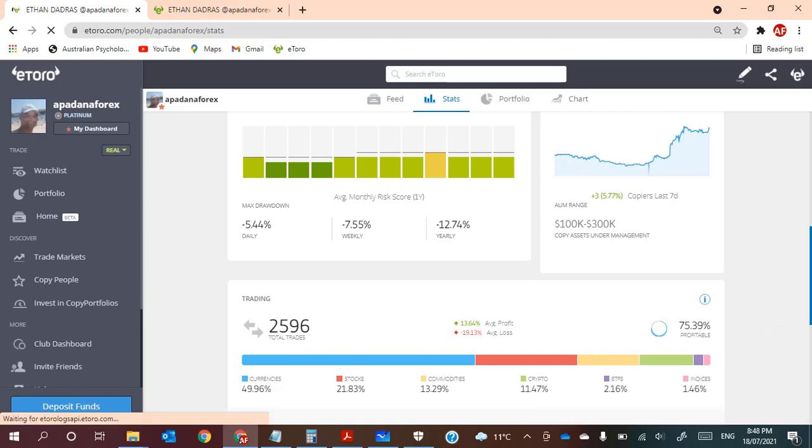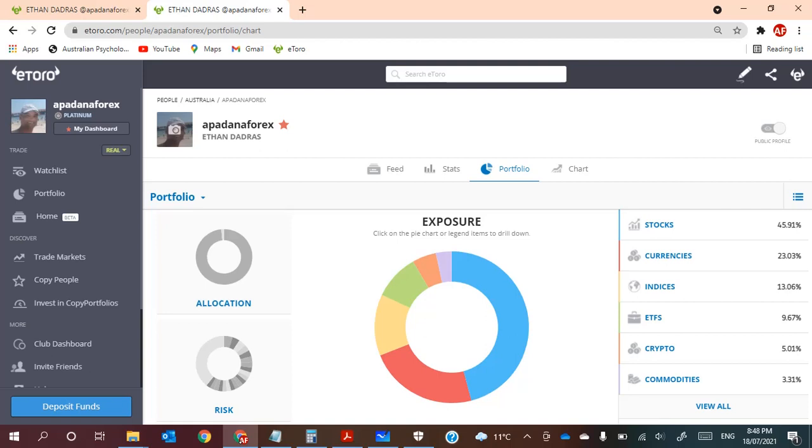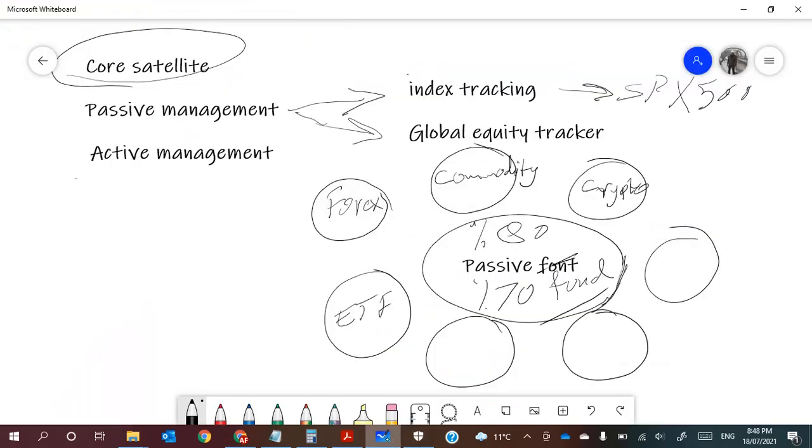You can see that I had close to 50% of my closed trades in forex and 21% in stocks. But at the present time, as you can see, it changed the other way. So now I have 23% currencies, 45% stocks.